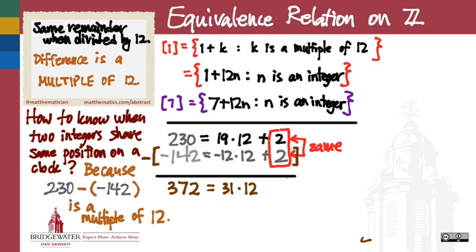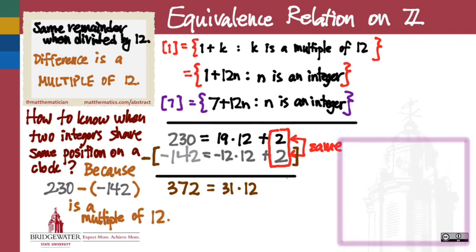And so what this does for us is it now gives us a test that can show us whether two numbers are in the same equivalence class. And I'll just write that down in the bottom corner of the screen here, because this is where we're going to jump off into today's activity.